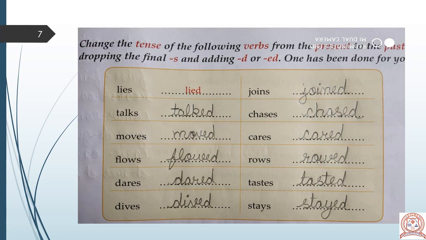DARES, dares. And if we remove S, we will add D like dared. DARED. Now dives. D-I-V-E-S. And if we remove S, we will add D, dived. Now students, you have to complete this exercise like this only by dropping S and adding D or ED to these words.